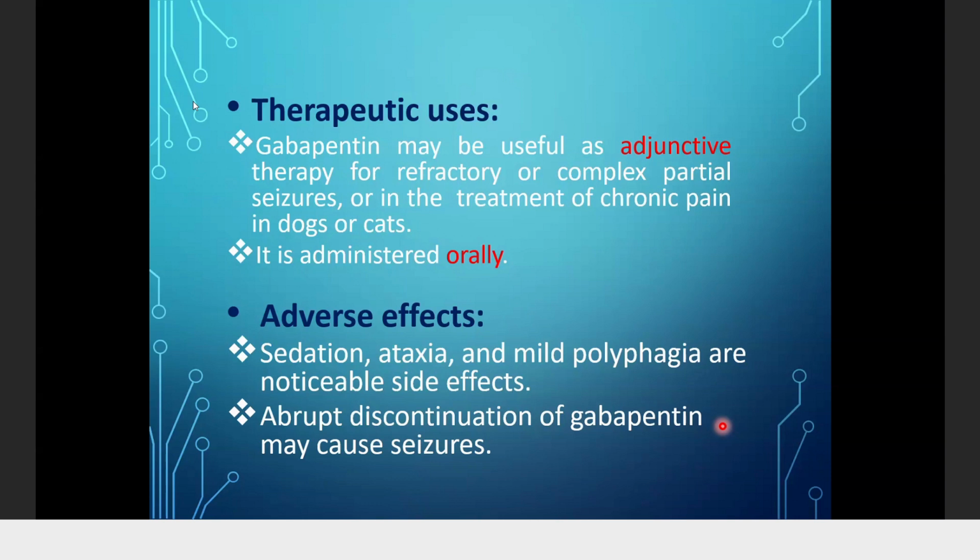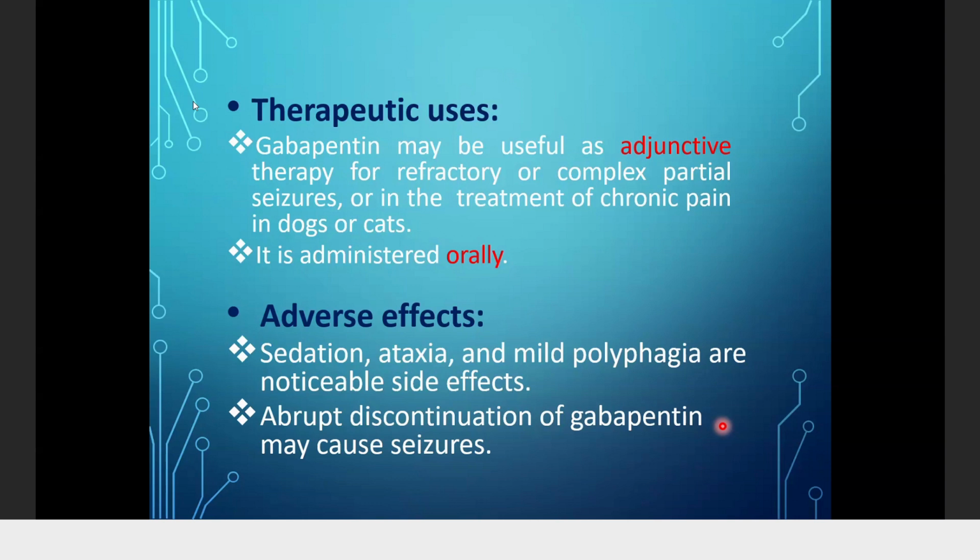For example, the animal has been on phenobarbital tablets for a long time, so it doesn't work anymore and it's getting seizures frequently. So this could be the alternative for refractory seizures, because the animal has already developed tolerance towards the drug that has been used for a long time.